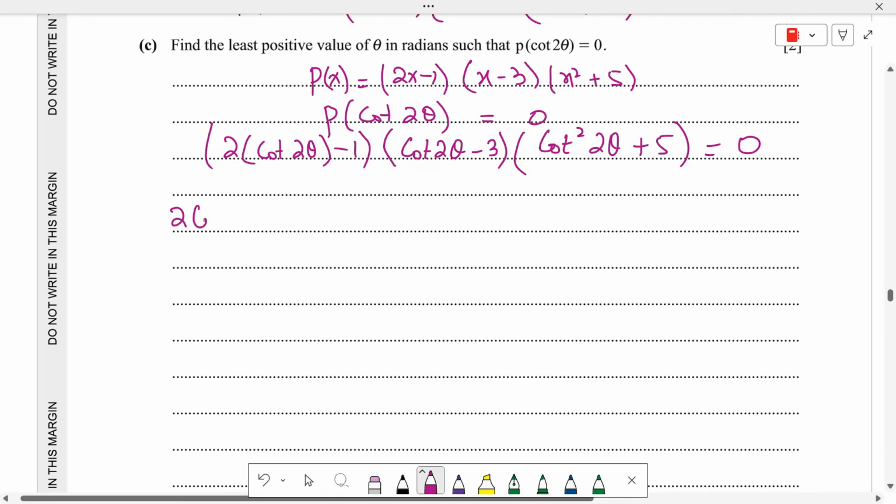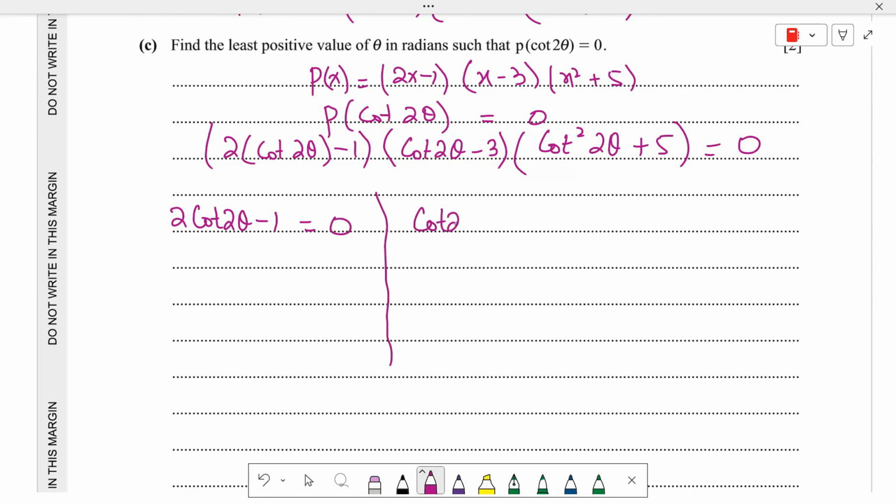So 2 cot 2 theta minus 1 equal to 0. The second factor is cot 2 theta minus 3 equal to 0, and the quadratic factor is cot square 2 theta plus 5 equal to 0. Now, when we move the minus 1 to the right side, we have 2 cot 2 theta equal to 1, and the 2 is a multiple, so it will be divided.